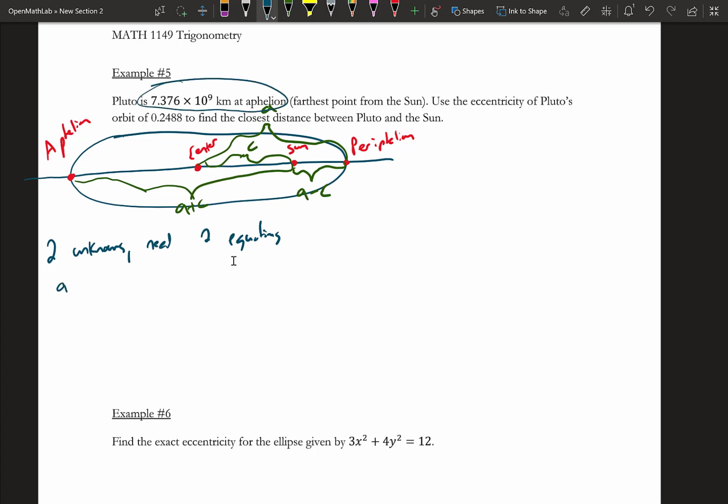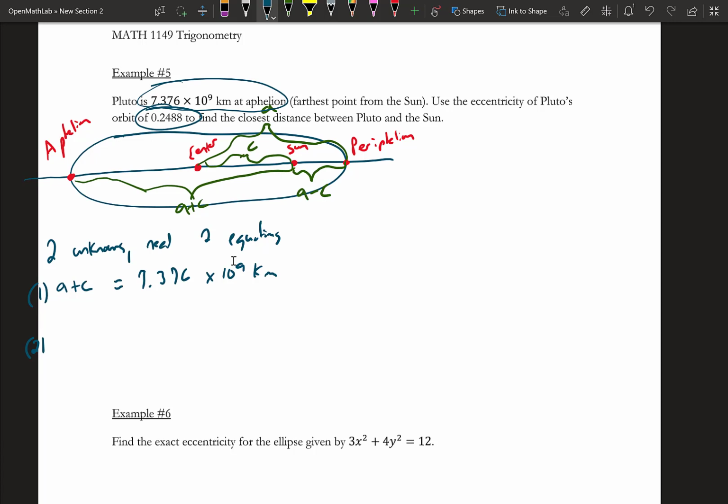So in other words, a plus c, just from the diagram, is going to be equal to 7.376 times 10 to the 9th kilometers, right? And that's in scientific notation, right? So that's one equation.